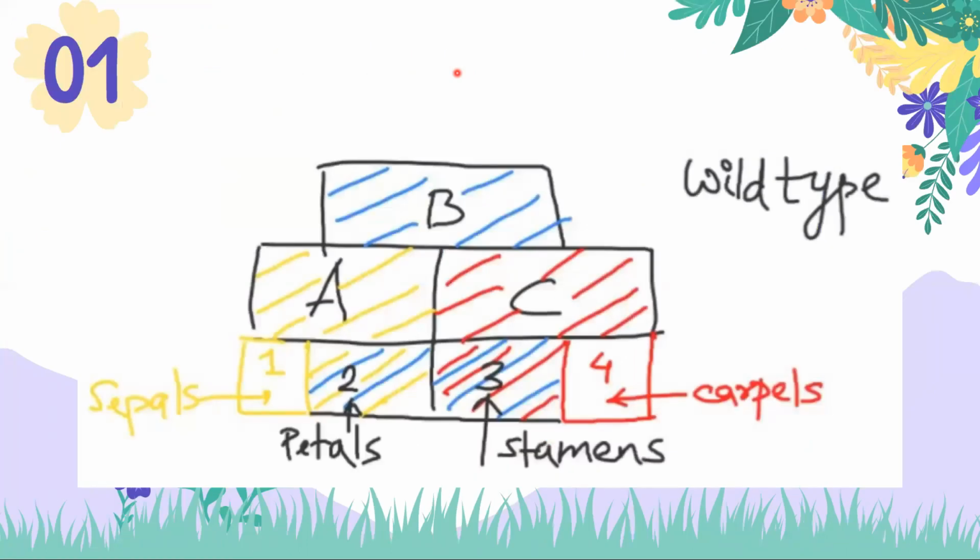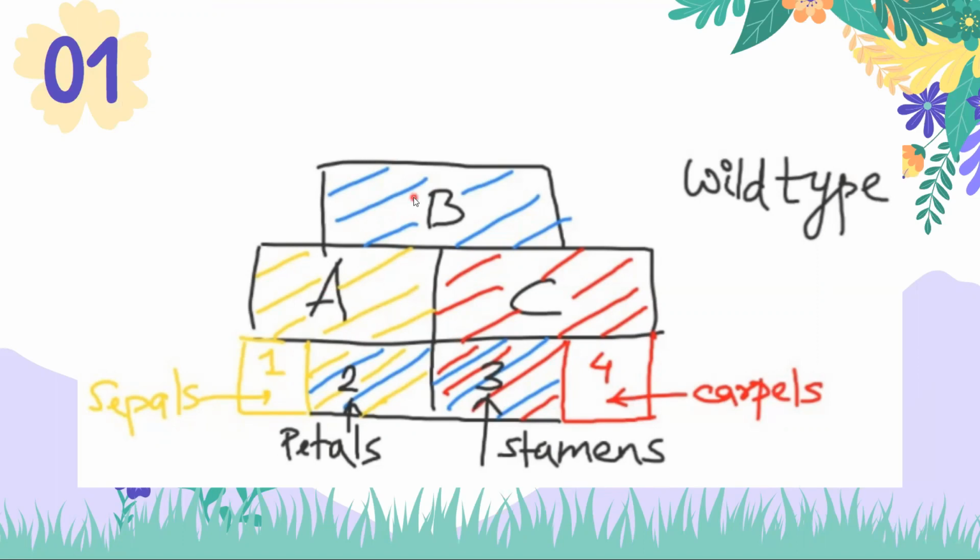Now, let us understand this using this diagram. We had the three genes, A, B, C, correct? And we have four whorls of the flower: whorl 1, 2, 3, 4. Whorl 1 corresponds to sepals, 2 petals, 3 stamens, and 4 carpels. Now, your class A genes had APETALA1, APETALA2.